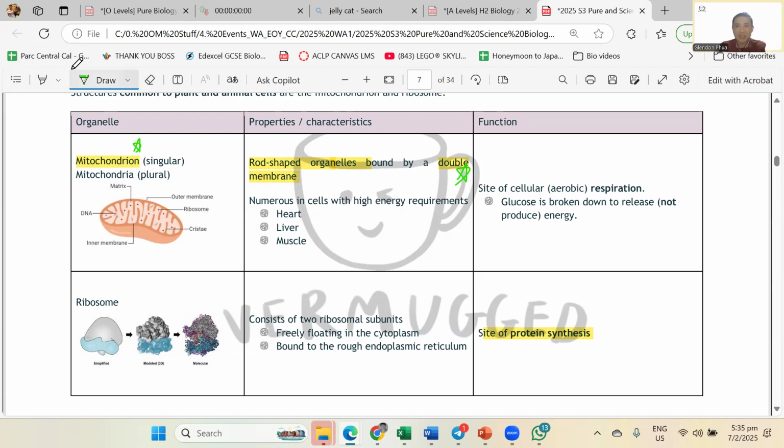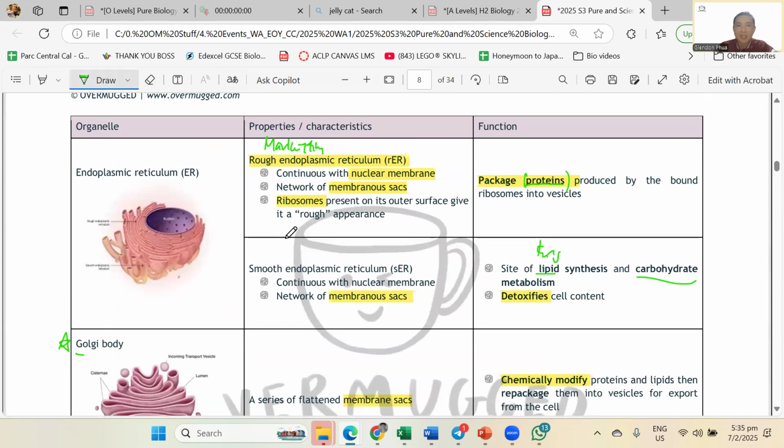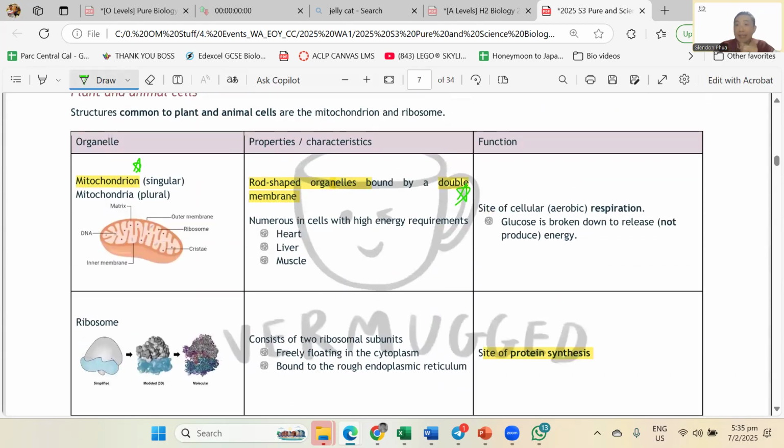So just like I told you, the teachers like to test about Golgi body or Golgi apparatus because of the capital G. The second organelle that teachers like to test students is the mitochondrion. Why? If the question paper points only to one, they expect your answer to be mitochondrion. If they point to two, you must write mitochondria.